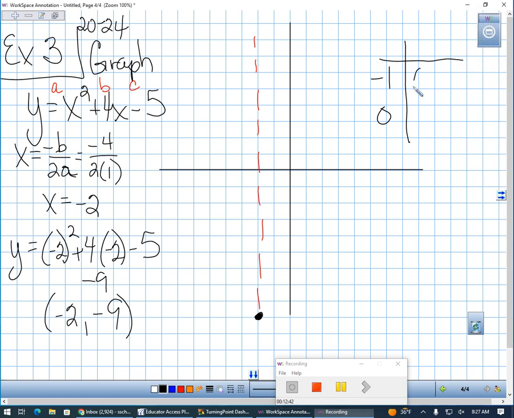So I have negative 1 squared plus 4 times negative 1 minus 5. So that's 1 minus 4, which is negative 3, minus 5 is negative 8. So at negative 1, I go down to negative 8 and put a dot.